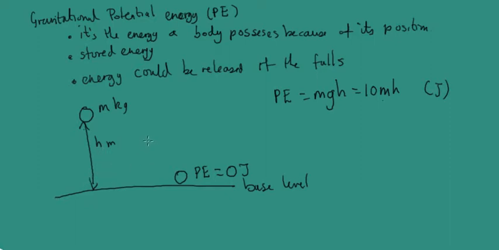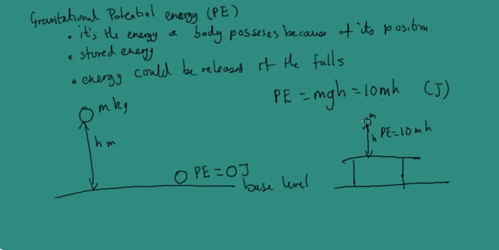Now say we had a table, here's our table, and it's on the ground. Now if we had a ball up here, and we're going to drop the ball to the ground, the distance that that ball is going to fall through is this height here. So the PE, potential energy of the ball, is 10 times whatever mass this is, times this height.